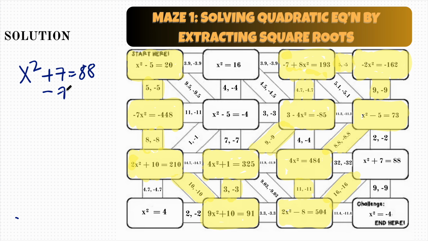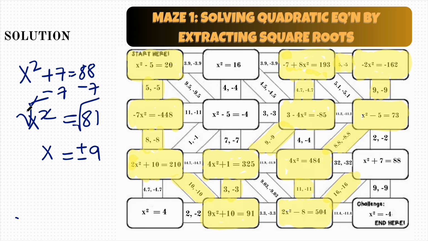So subtracting 7 from both sides, x squared equals 88 minus 7, which is 81. x is equal to positive or negative 9, because when you get the square root of both sides, the square is canceled. The square root of 81 is 9. There you go. In this question, the answer must be positive or negative 9.